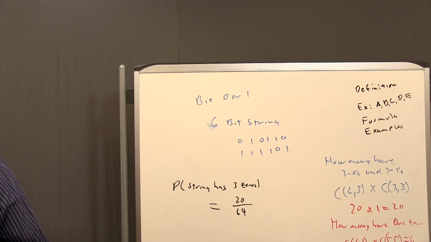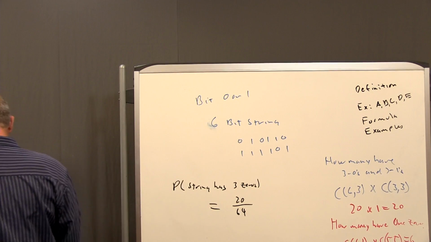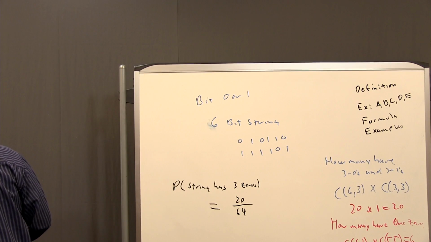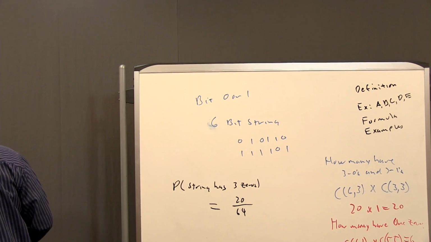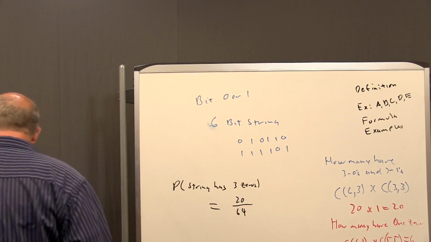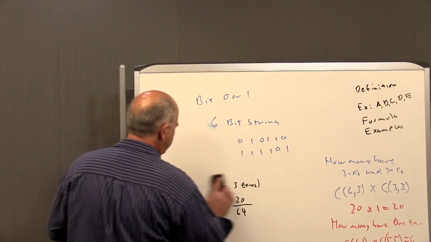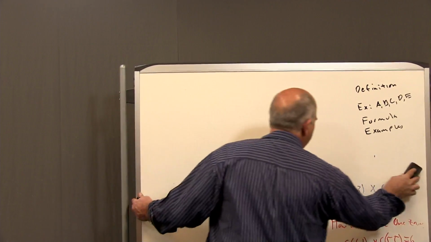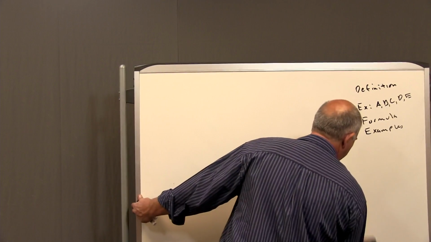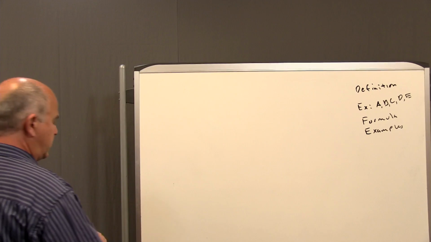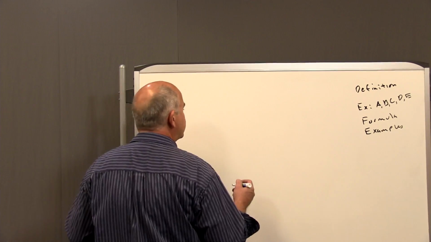Let's see if I got maybe one more in me. Yeah, I did want to do this. So I'm going to look at example 7 in the book. And this is similar to this last one in that there's 2 different groups.